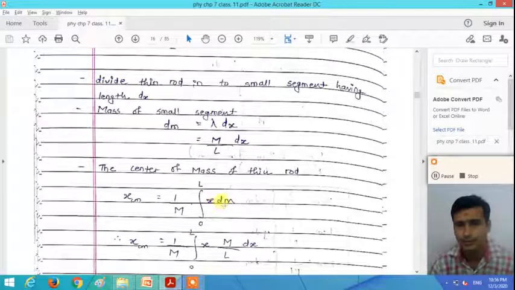Here we know that dm is equal to M by L into dx, so put the value of dm.